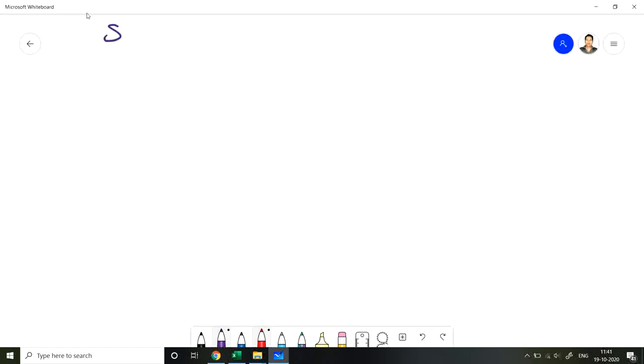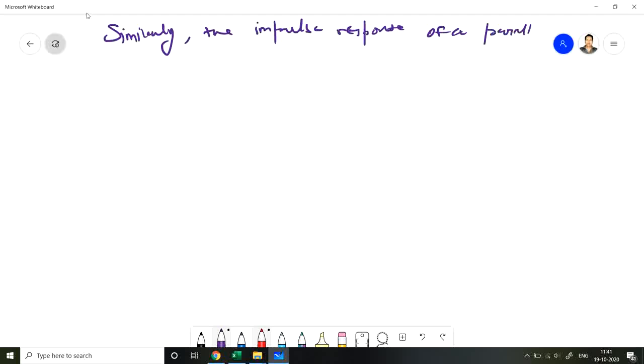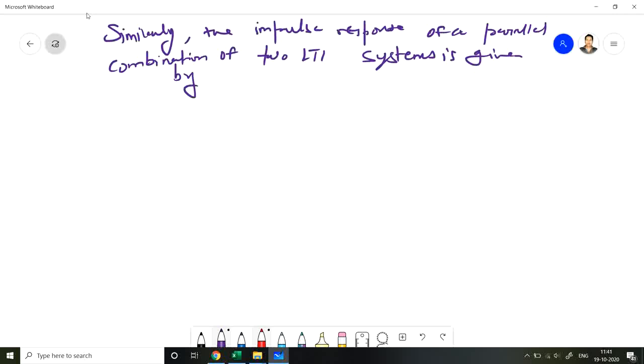So similarly, the impulse response of a parallel combination of two LTI systems is given by h(t) is equal to h1(t) plus h2(t).